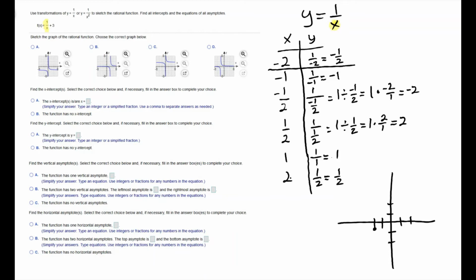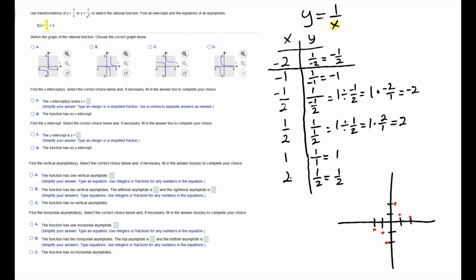Maybe I should use a different color. -2 and -1/2. -1 and -1, -1/2 and -2, 1/2 and 2, 1 and 1, and 2 and 1/2.